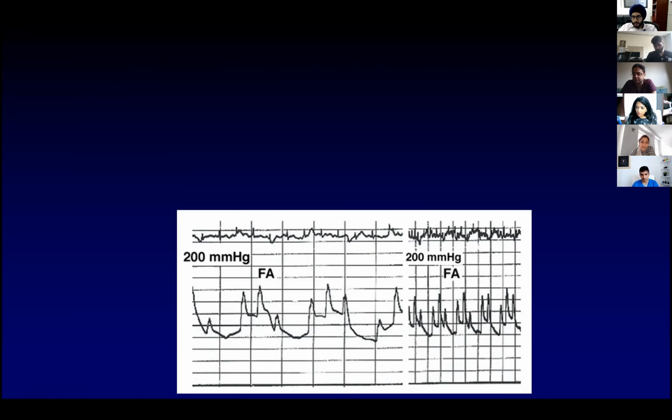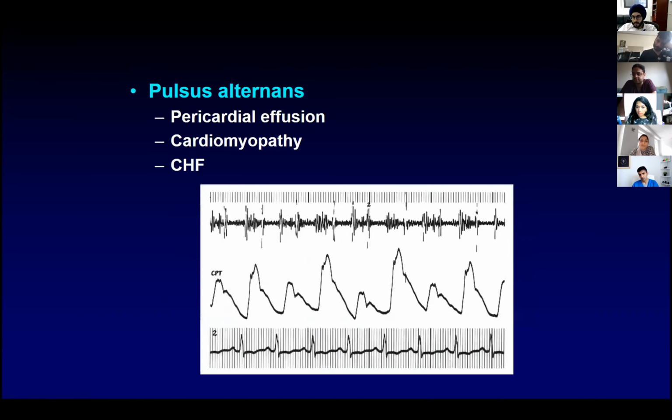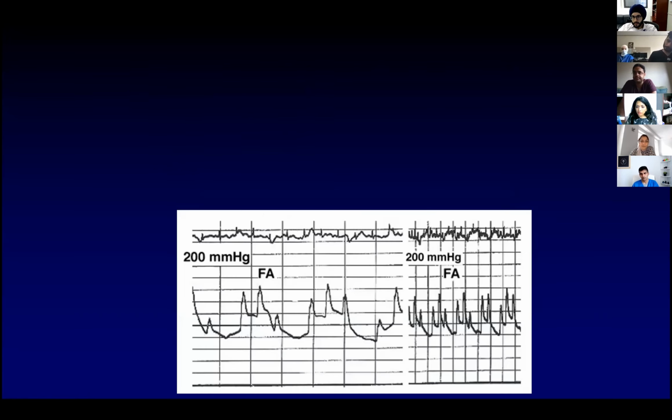That wouldn't affect the peripheral arterial pressure, right? So in pulsus alternans, you saw every other beat was higher and every other beat was smaller. Here it's more periodic. So the pressure increases and the pressure decreases. This is called pulsus paradoxus. Right? What do we see pulsus paradoxus in? Cardiac tamponade.